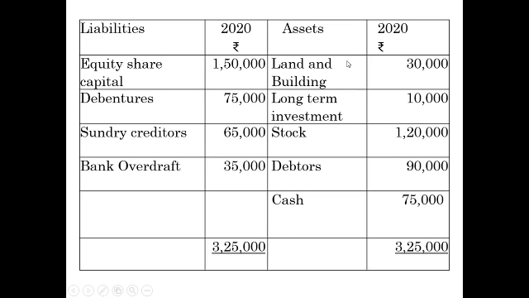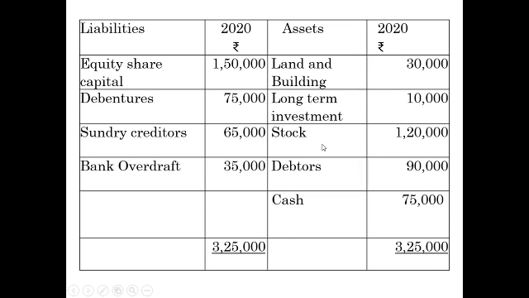Next, land and building are fixed assets, long-term investment is an investment, and stock, debtors and cash are current asset components. So to calculate the current ratio, you need to total these three items. So current asset divided by current liability.